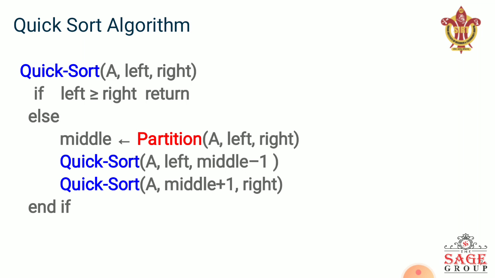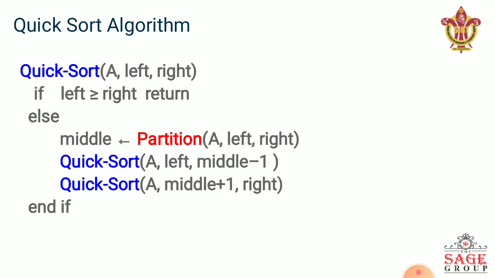The partition algorithm, or partition procedure, will divide the list into two subparts, first part and second part. The indexing of the first part is from left to middle minus one, and for the second part, the indexing is from middle plus one to right.